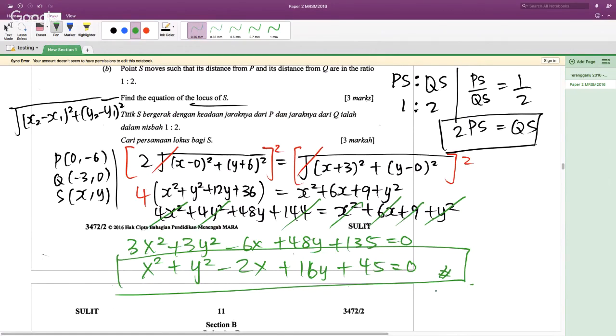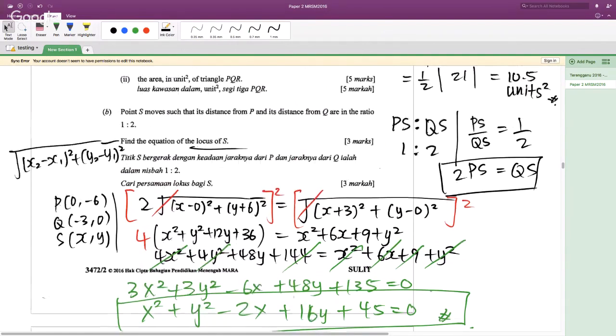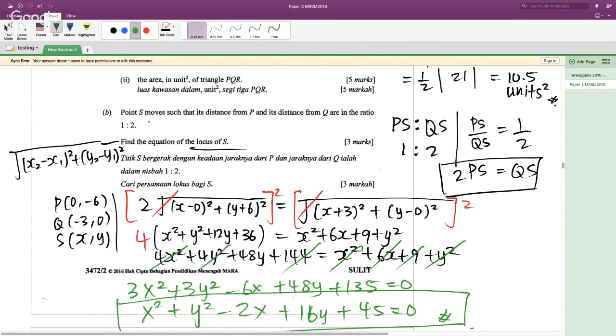Okay, how to know P is 2 from the ratio of 2, 1? Actually, just read the question. The point S moves such that its distance from P, we call PS, isn't it? And its distance from Q, which we call SQ, isn't it?